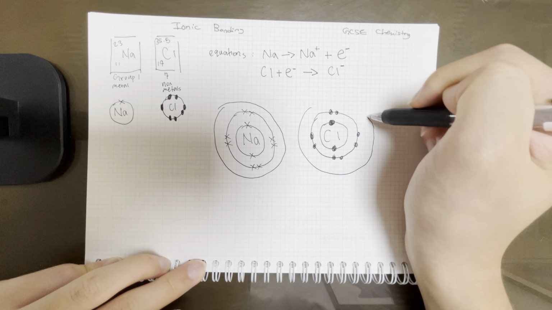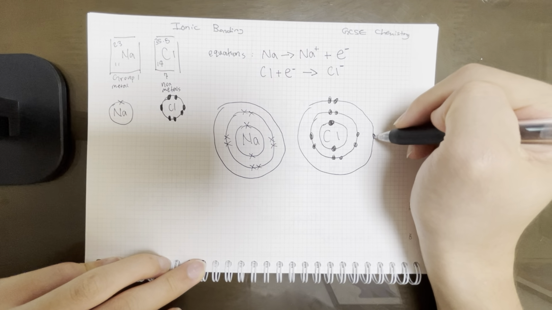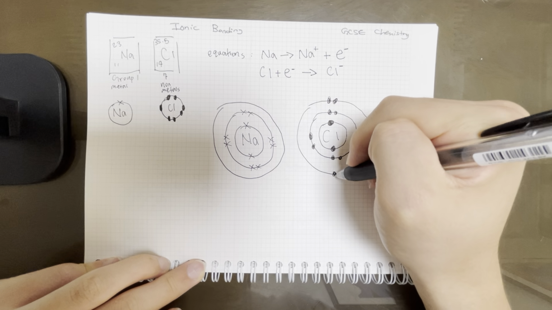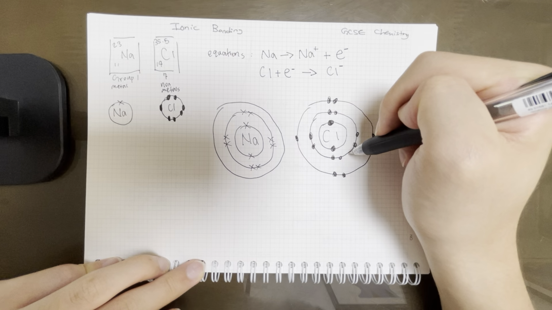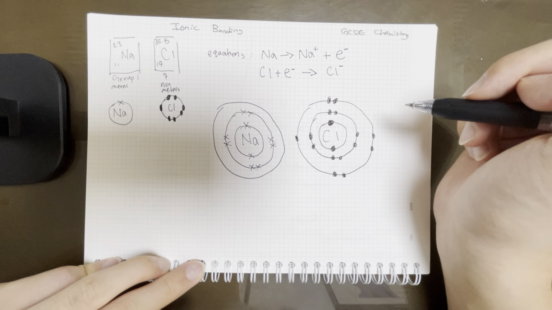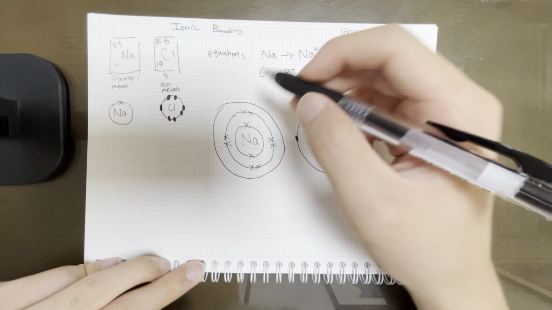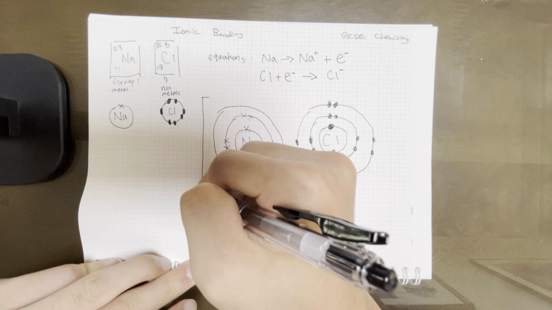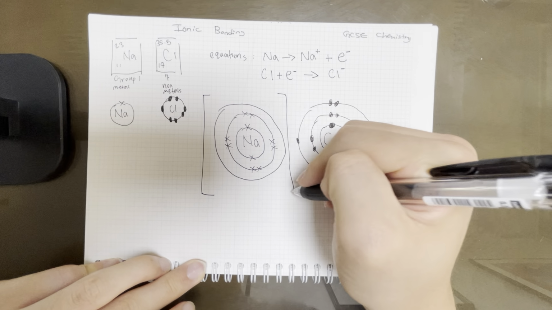So we need to draw 7 more: 3, 4, 5, 6, and 7. So it currently has 7 plus 8 plus 2, so 17 electrons, and sodium has 11 electrons. But I didn't draw the last electron here on purpose, because these are going to form ionic bonds with each other.